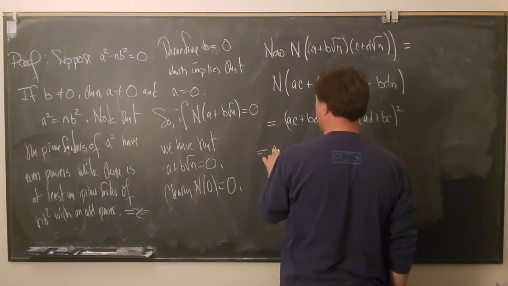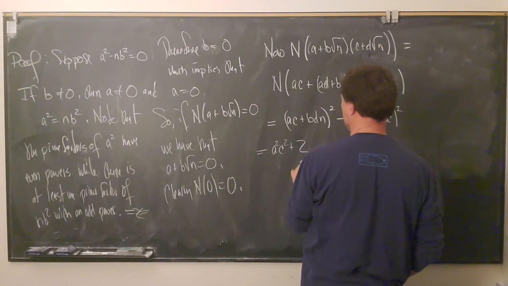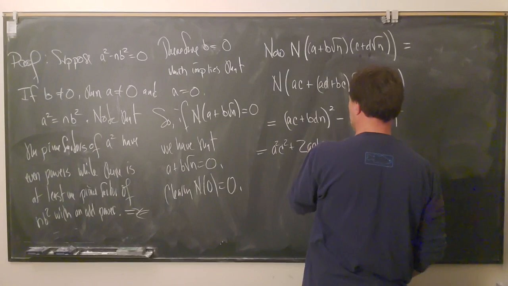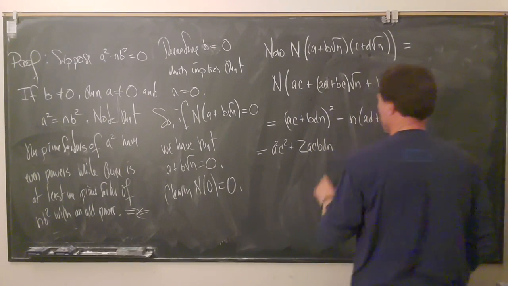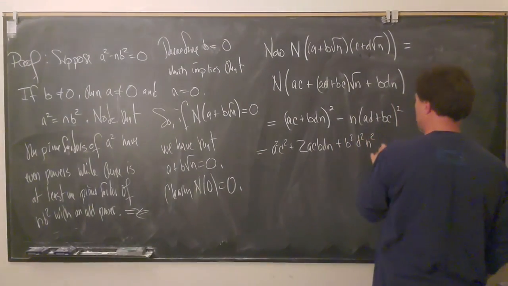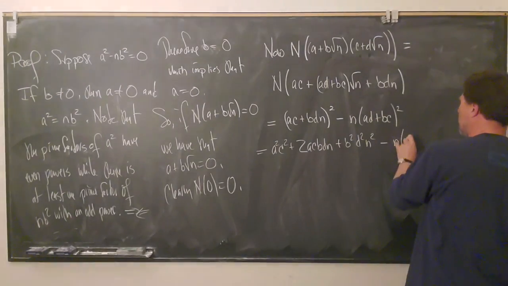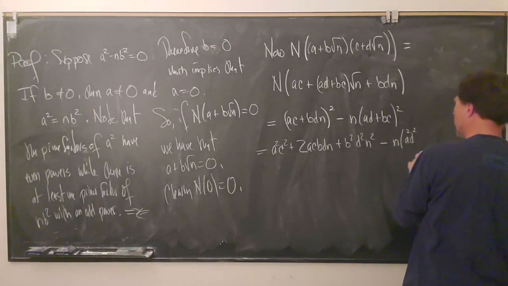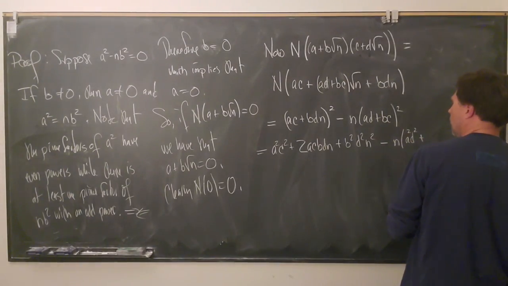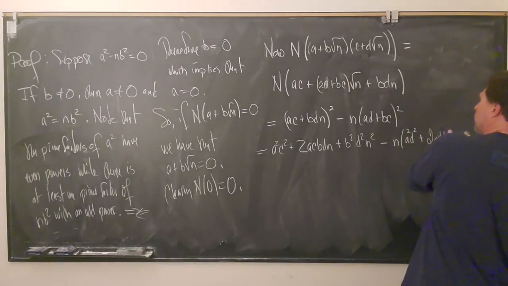So this is A squared C squared plus 2ACBDN plus B squared D squared N squared minus N times A squared D squared plus 2AB, AD BC plus B squared C squared.